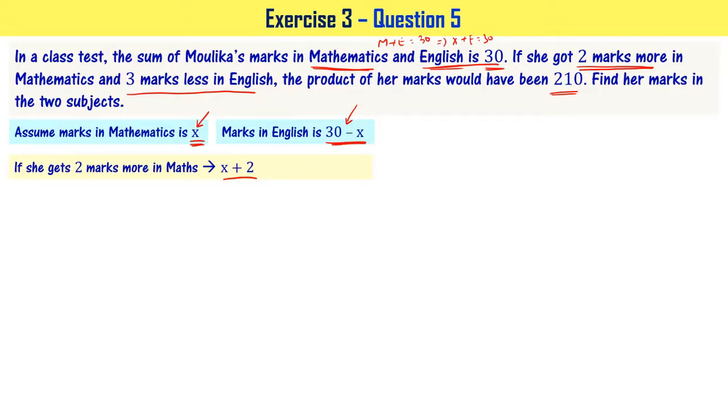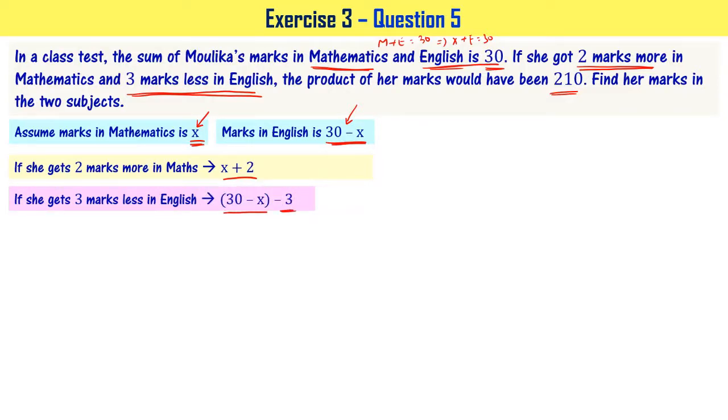And 3 marks less in English means it is going to be 30 minus x minus 3, right? 3 marks less than what she had gotten here. When you simplify this, it can be written as 27 minus x. The product of these 2 marks is 210, right?